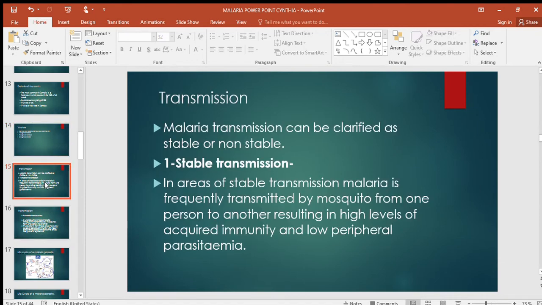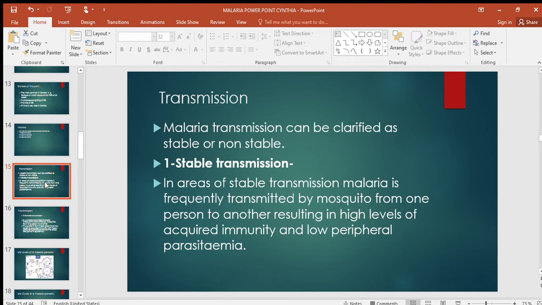Now let's go on to look at the transmission. Malaria transmission can be classified as stable or unstable. Stable transmission occurs in areas where malaria is frequently transmitted by mosquitoes from one person to another, resulting in high levels of acquired immunity and low peripheral parasitemia.